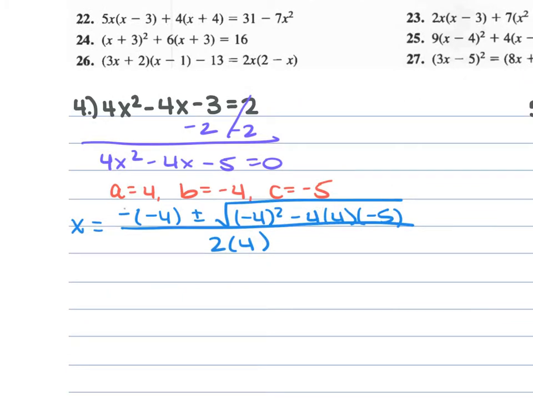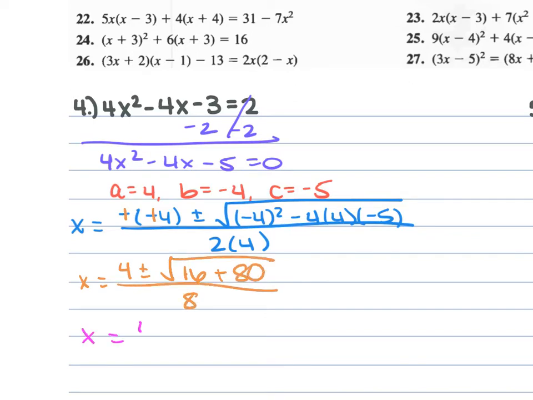From here, my two negatives turn into a positive, so x is equal to 4 plus or minus the square root of negative 4 squared is 16 minus 4 times 4 is negative 16 plus, because a negative times a negative is a positive, 16 times 5 gives us 80, all over 8.